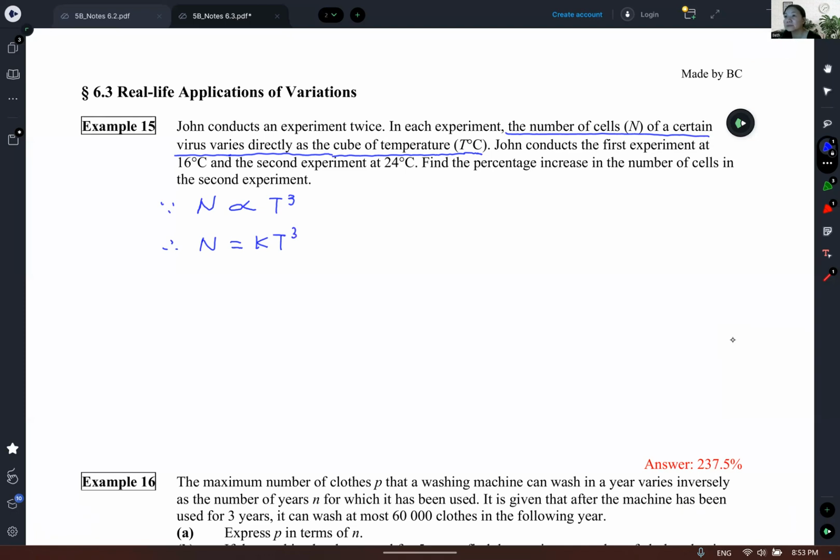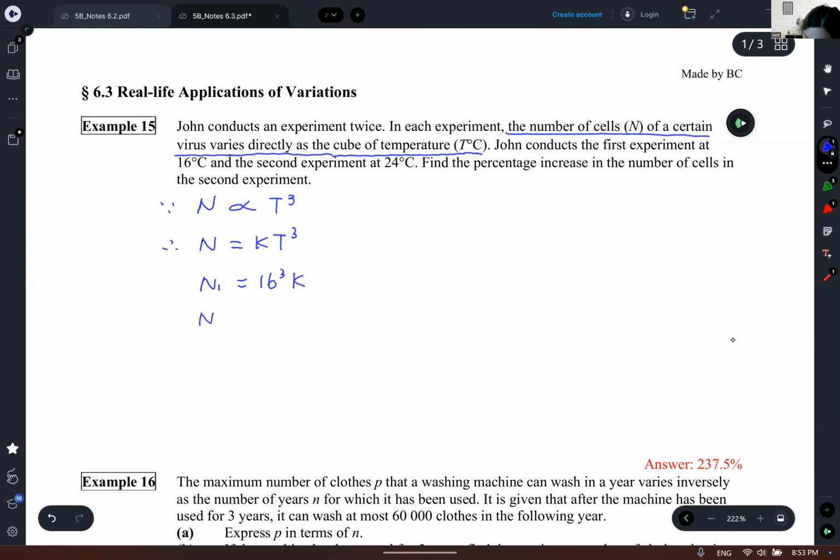Write the formula. Okay. Now we can say the first experiment, the number of cells is 16 cubed K. The second experiment, the number of cells is 24 cubed K.